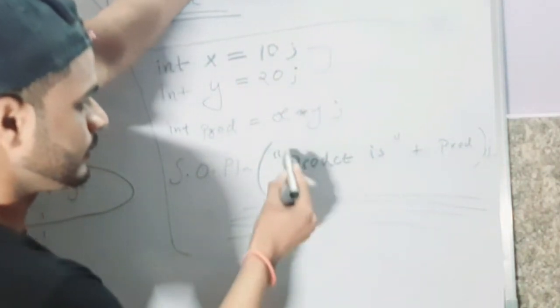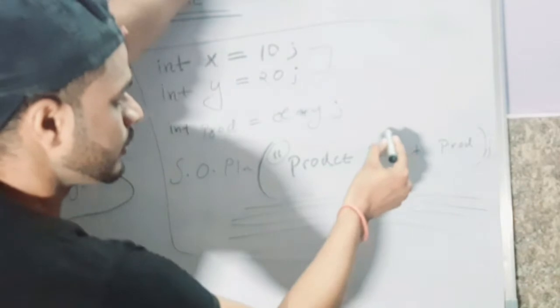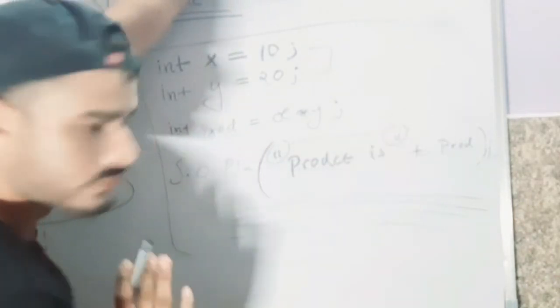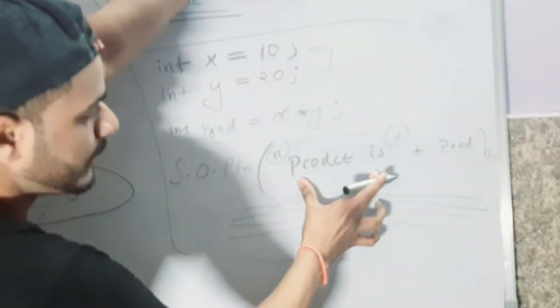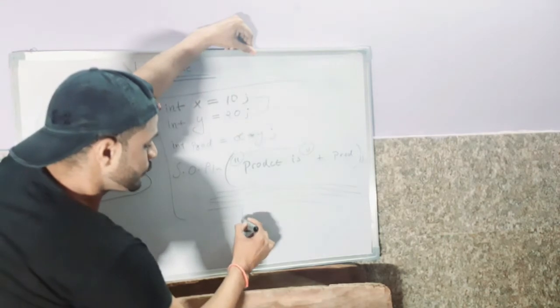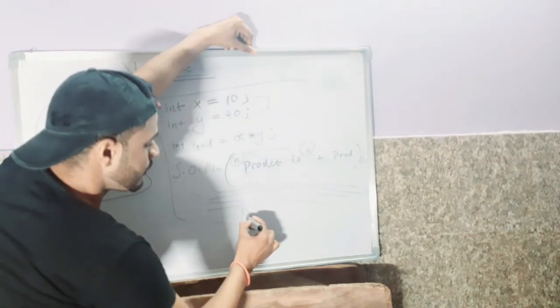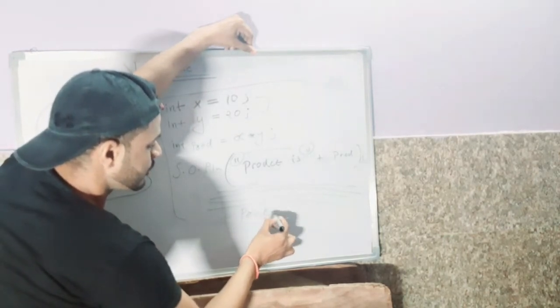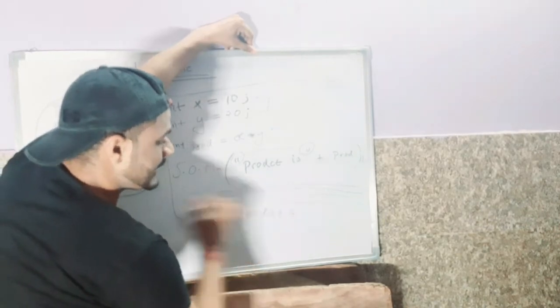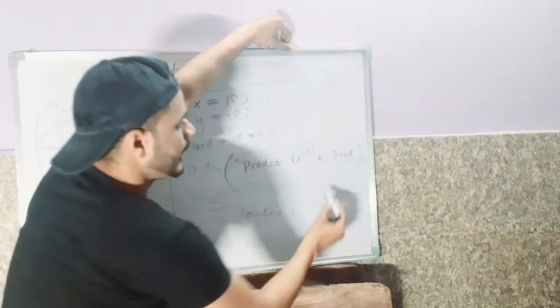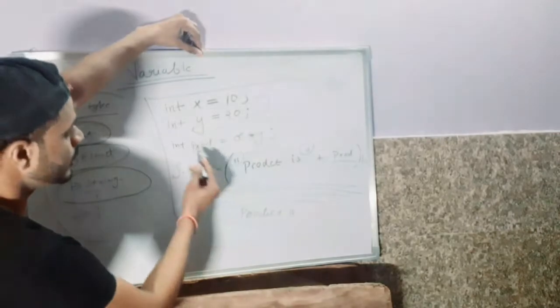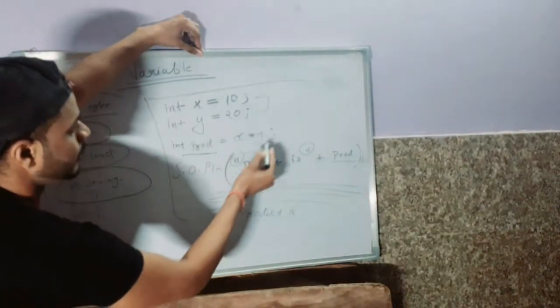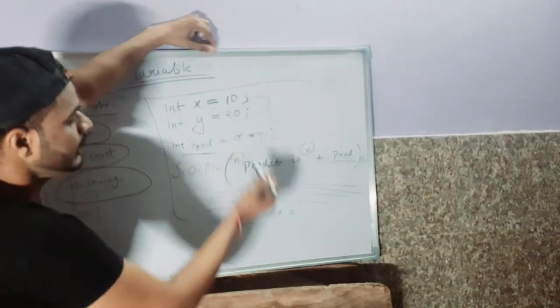Product is in the quotes, so it prints as it is. The output will be "product is", and this prod is the value of prod here: 10 into 20, what is it? 200. Product is 200.